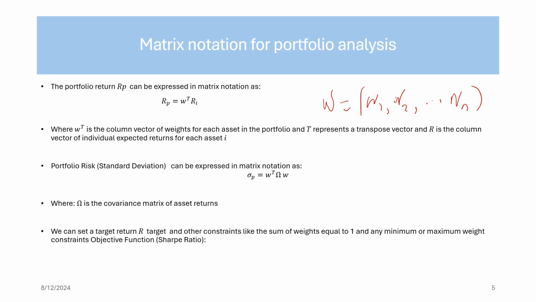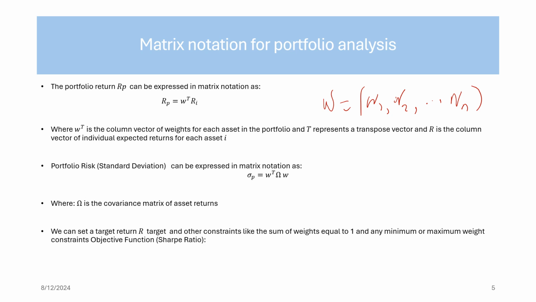So in order for us to effectively apply this multiplication, in the case where we want to combine the returns of individual assets while taking into account the individual weights, we've got to transpose this vector.